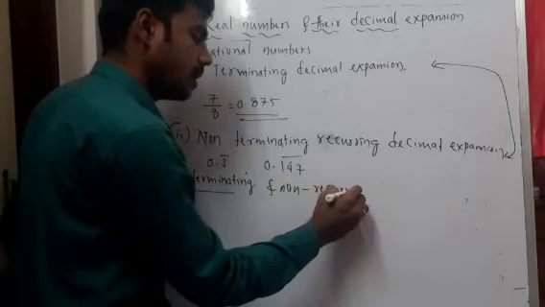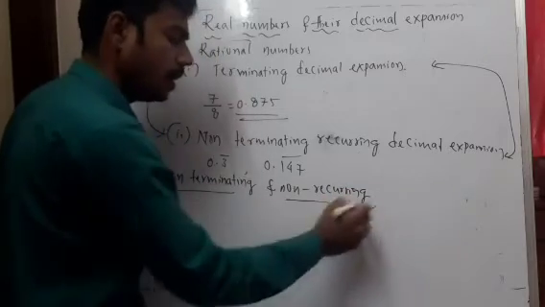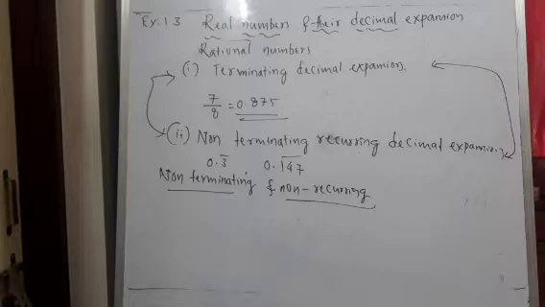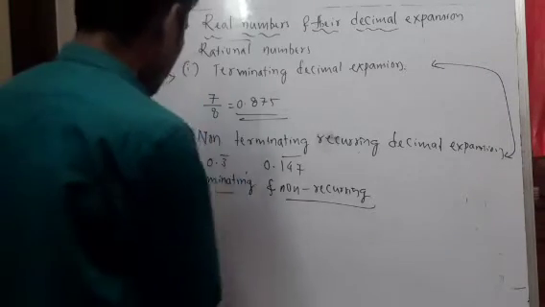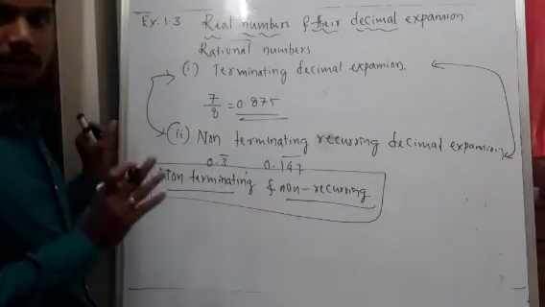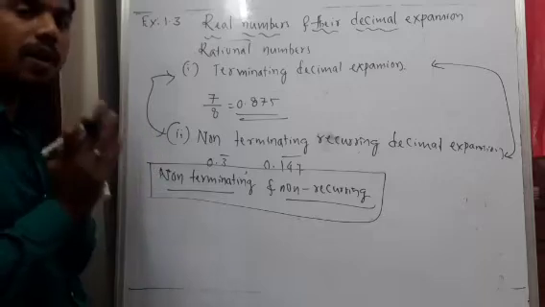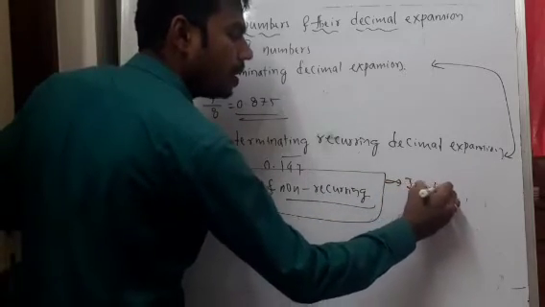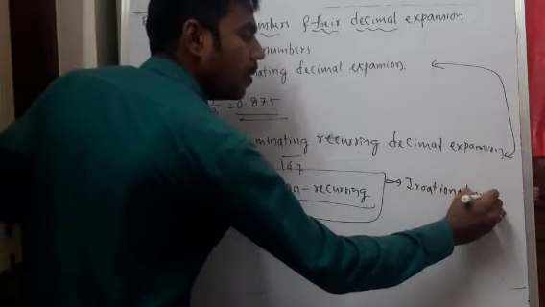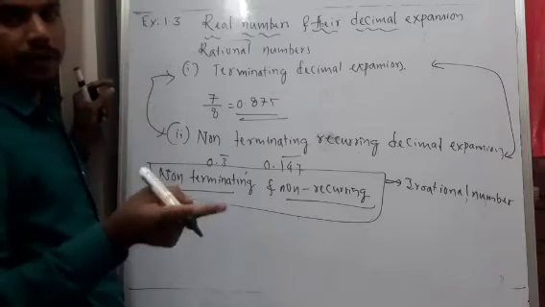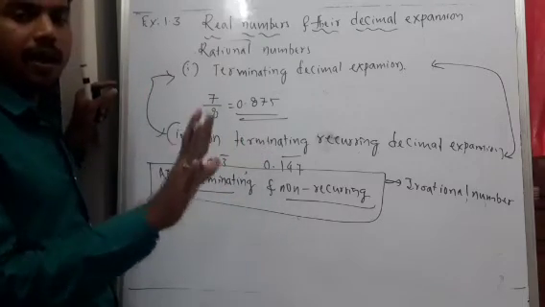Whatever decimal expansion you have got, if it is non-terminating and non-recurring, then we call it an irrational number. I told you that based on the decimal expansion, we will differentiate whether it is a rational number or an irrational number.